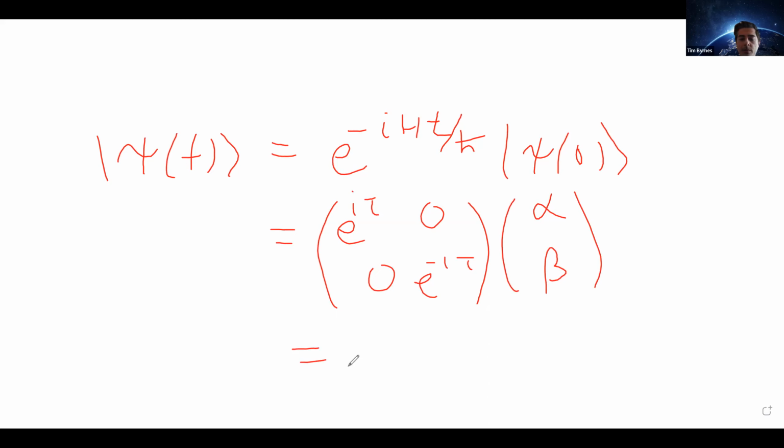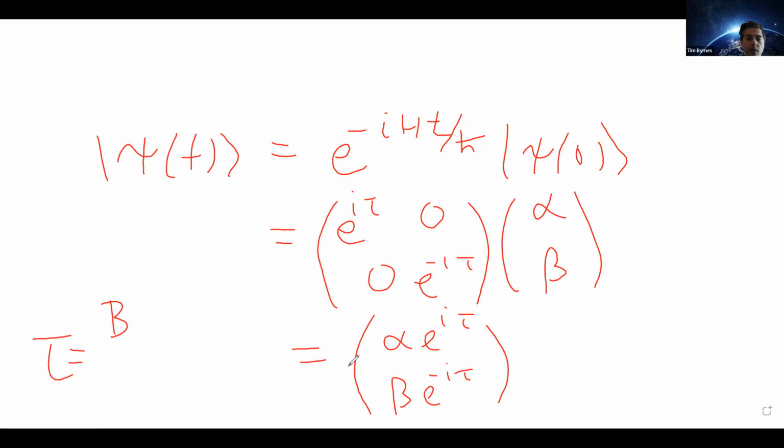Just do the matrix multiplication. And tau, if you remember, is just B t over h bar. Okay, so that's the final result.